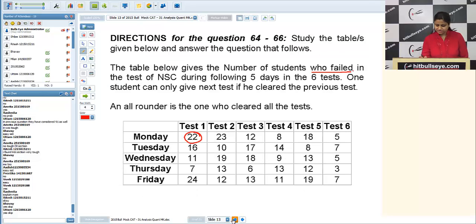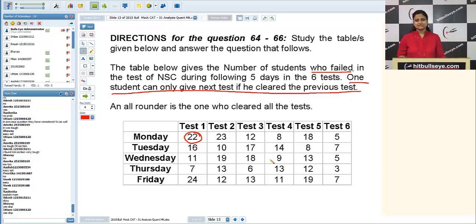And it is also mentioned that one student can only give the next test if he cleared the previous test. So definitely these 23 students who are writing test 2 have passed test 1. That's why on Monday, in total 23 plus 12 plus 8 plus 18 plus 5 students have passed the first test.